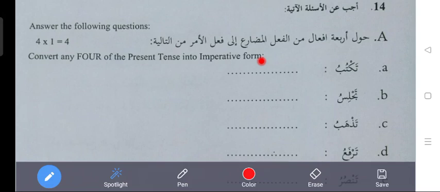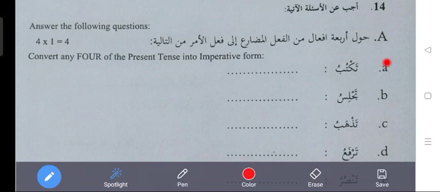He will give you the word in Arabic and the word will be in present tense. You have to convert this present tense into imperative form. Okay. How to convert the present tense into imperative form?